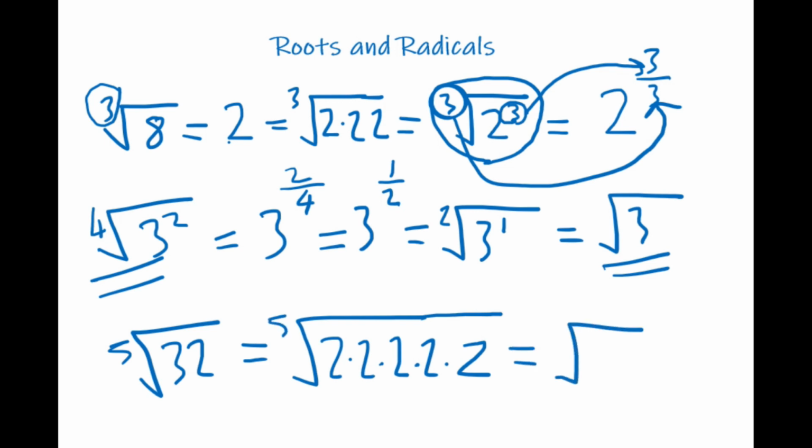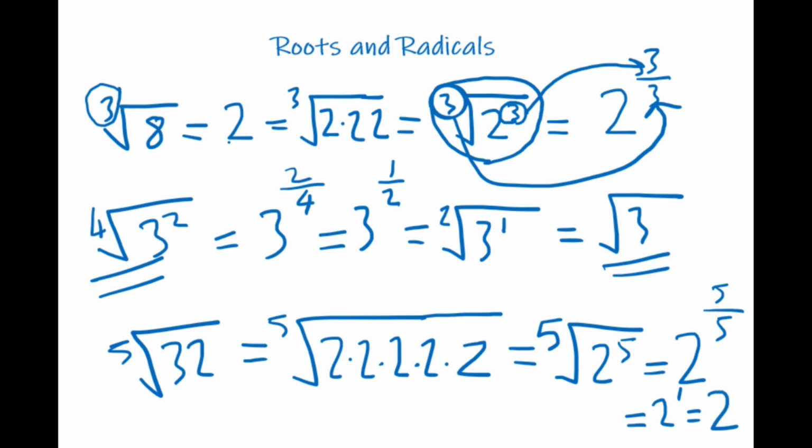So this expression can be written as the fifth root of 2 to the power of 5. You can think of this as the 5 and 5 cancelling, they are gone. Or mathematically, this is equal to 2 to the power of 5 divided by 5. So 5 divided by 5 is 1, 2 to the power of 1 is 2, so this is 2.